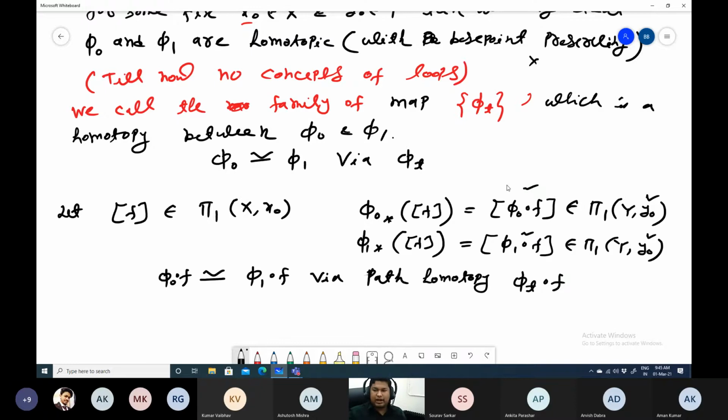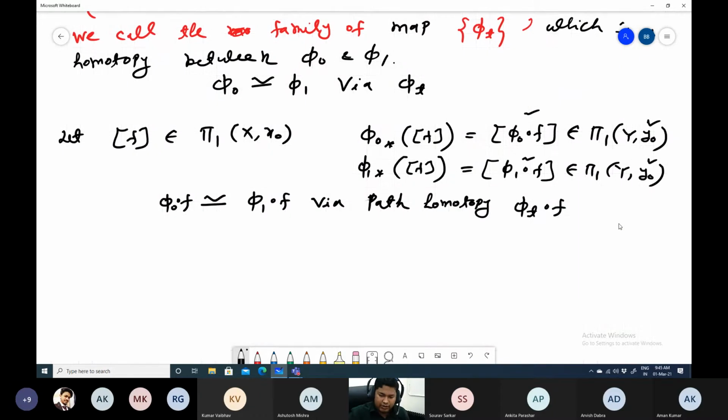And since they are path homotopic, in terms of loop classes we will say that this is an equal sign. More specifically, if you write in this way, then there will be no more confusion.